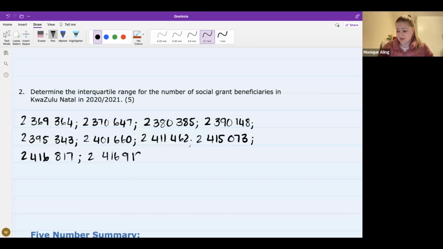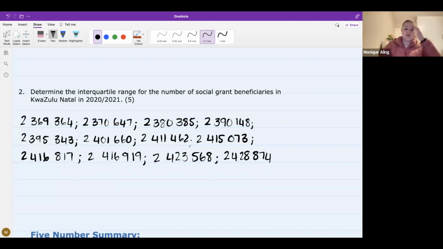I was going to quickly write all the numbers out in order so you can just save some time. Make sure you have 12 numbers, 12 months of the year.